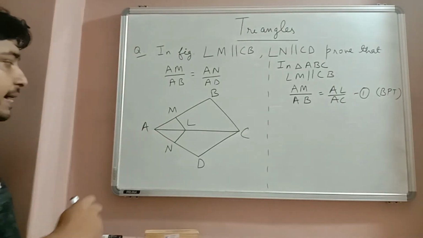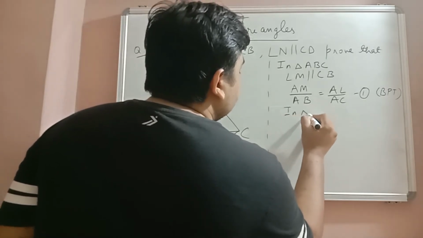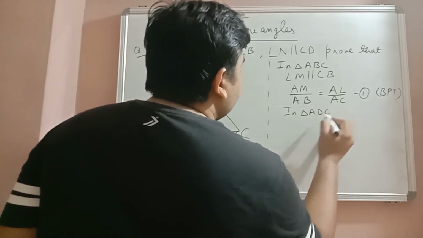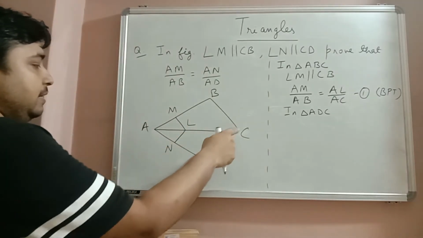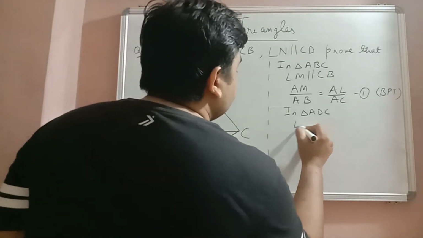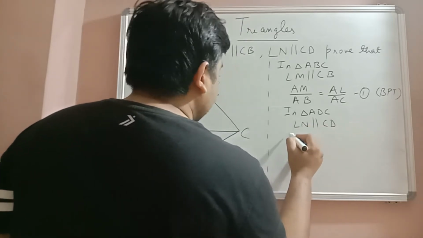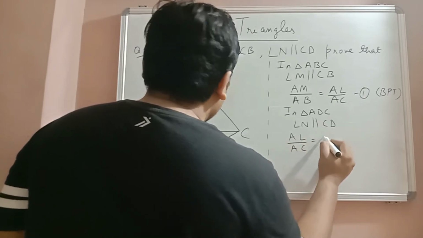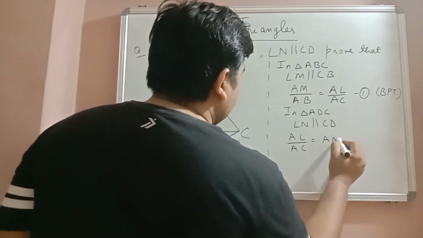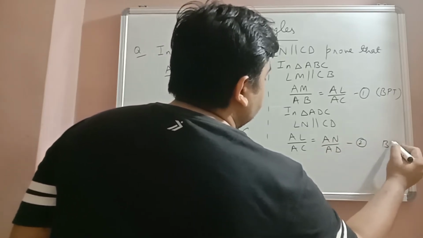Now similarly in triangle ADC, again by basic proportionality theorem, because LN is parallel to CD, one can say that AL upon AC is equal to AN upon AD, again by BPT.